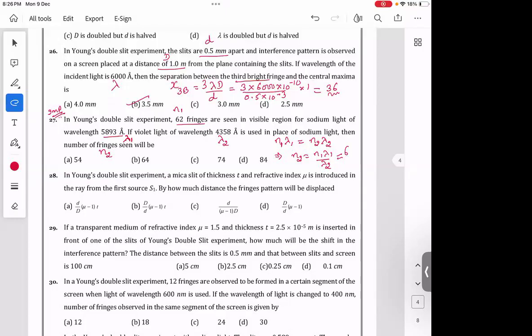What is n1? 62. What about lambda 1? I will write it as 4.3. Lambda 2 is 4.3. Lambda 1 is 5.8. So approximately you can calculate this. Approximately you can take this as 6 and this as 4.